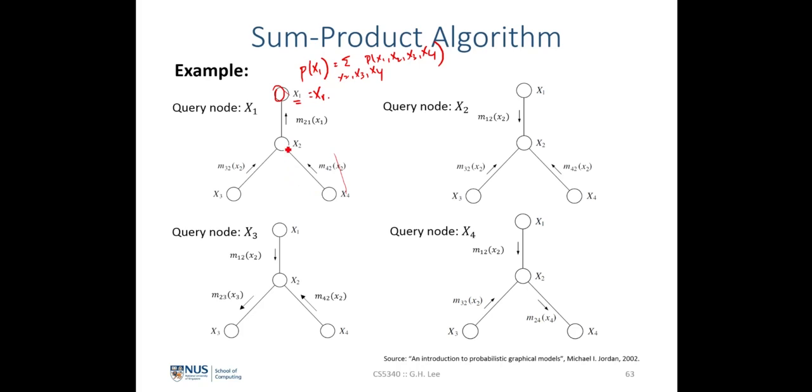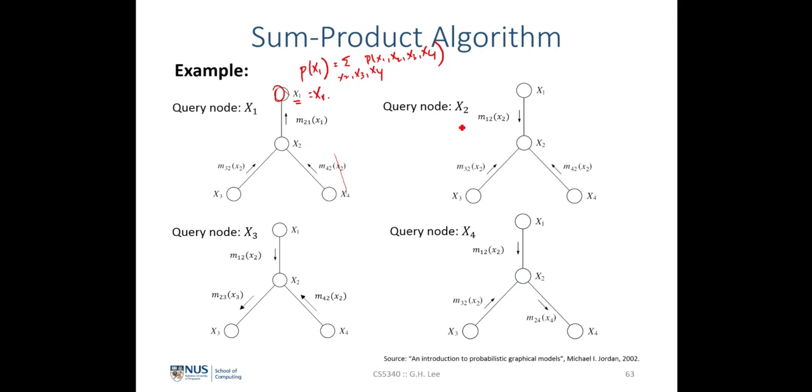Then finally, we will be able to compute the message from X2 to the root node X1 by computing this message M21 over here. And this is simply the product of the unary potential of X1 as well as the message after we have eliminated away X2 from the intermediate messages M32 and M42.